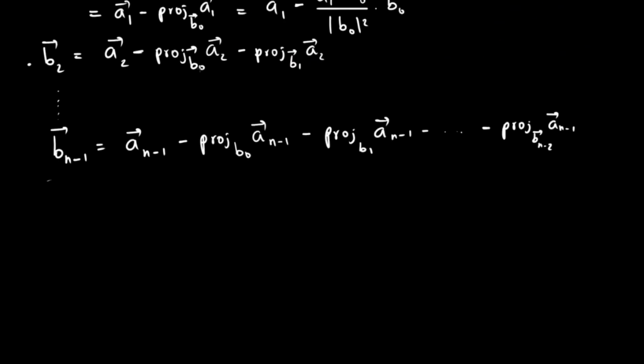So for b of n equal to a of n minus the sum, sigma from, for example, j equals 0, until how many terms is that?